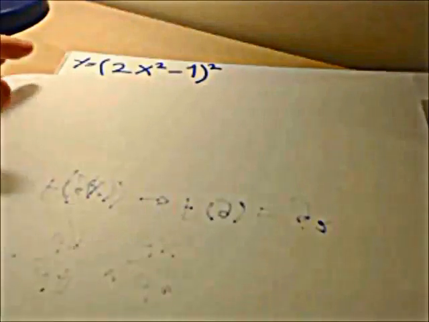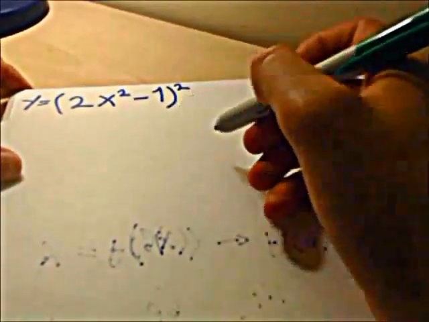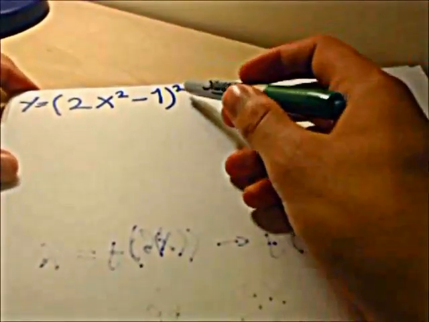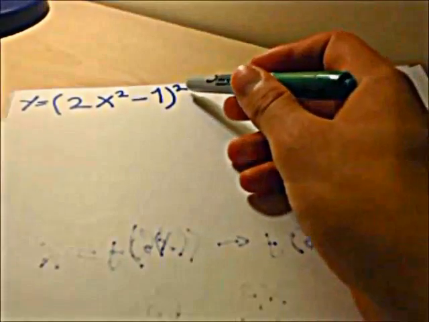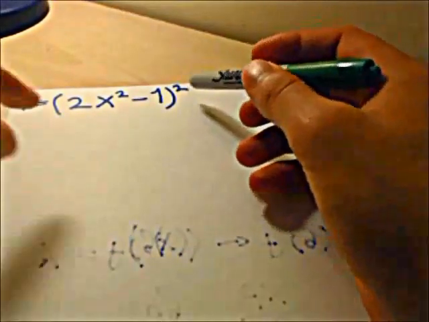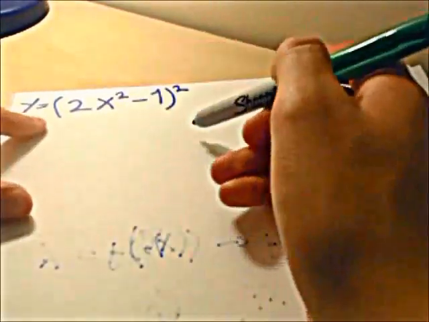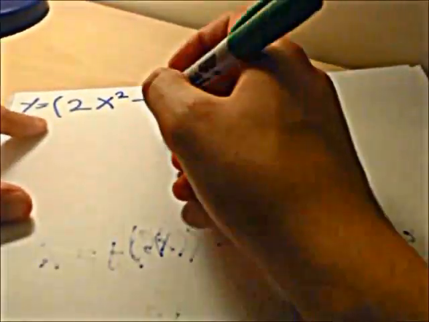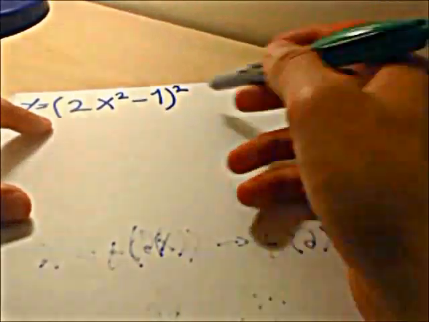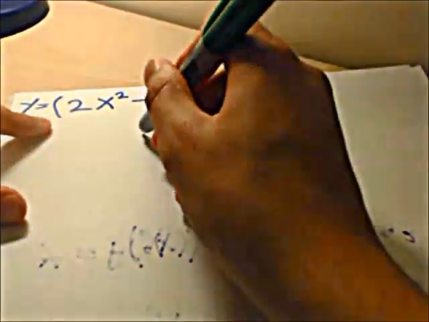Now if you want to understand this example more, I did it the default way, but I'll show you a shortcut that makes it a lot easier. What we basically do is take the power times what's inside, with the variable. Let's pretend that the variable is the whole thing inside the parentheses.